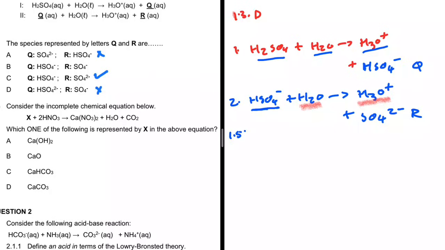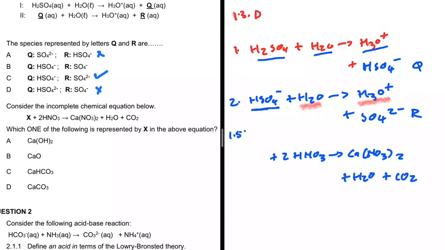We have some X plus 2HNO3 to give us Ca(NO3)2 plus H2O plus CO2.